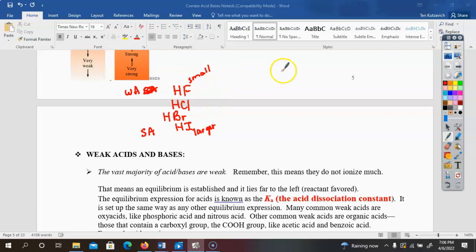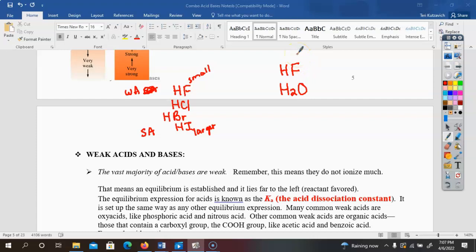All right, let's look at HF and H2O. And I know some of you think, oh, I know which one this is. It's HF easily, because H2O is just water. Well, what if you're comparing acids that aren't in the same group and you can't look at the radius? Then you want to look at electronegativity.